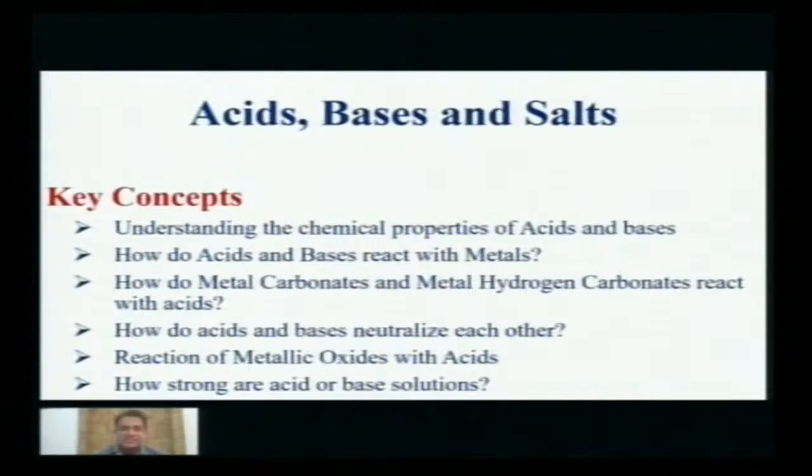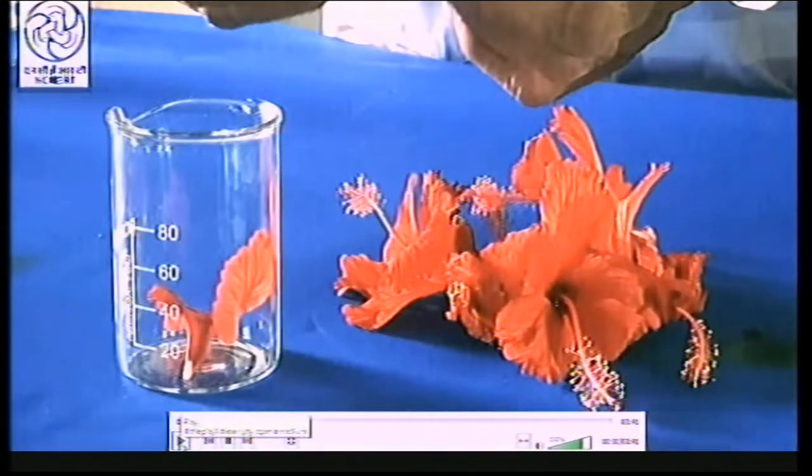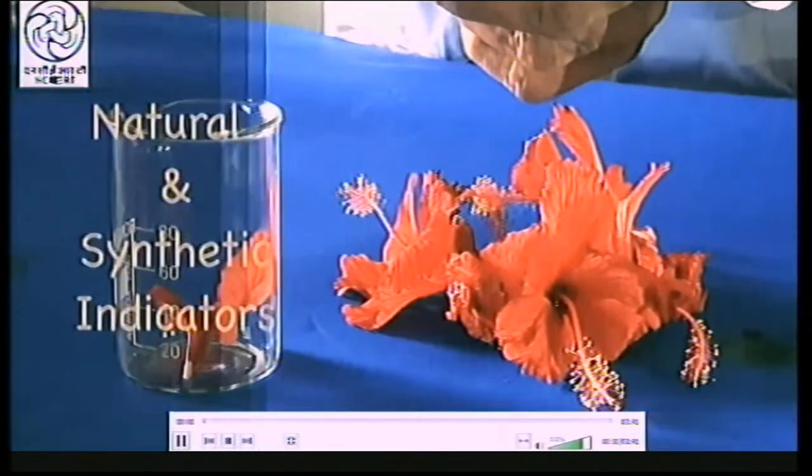And there are some synthetic indicators. You can use them for testing acids and bases in your lab. So let's play a demonstration video of the natural and synthetic indicators that will give you an idea about the different types of indicators and how you can identify acids and bases on the basis of these indicators.